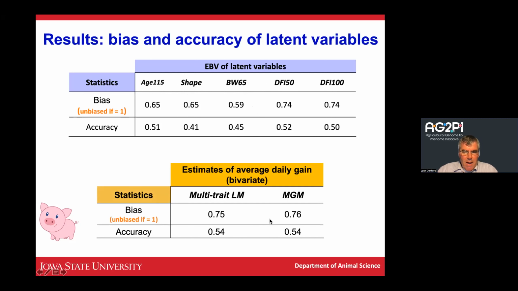And also Haipeng compared how good the estimates of the standard traits are, which in this case, we're looking at average daily gain from the growth model compared to the multi-trait or bivariate linear model, where we analyze average daily gain and average daily feed intake.